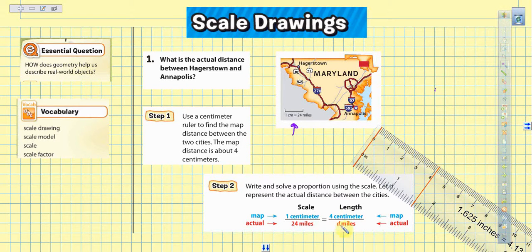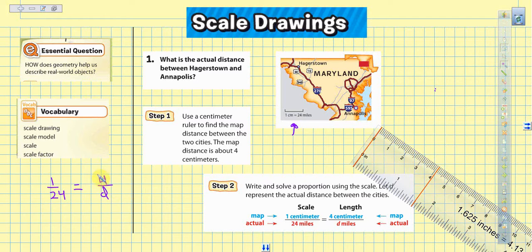Okay, so we can figure, or not equals, it's over the amount of miles. So 1 centimeter, our ratio is 1 centimeter to 24 miles, 4 centimeters to d miles. Well, if you remember how to solve a ratio, you have 1 centimeter over 24 miles is equal to 4 centimeters over d miles.